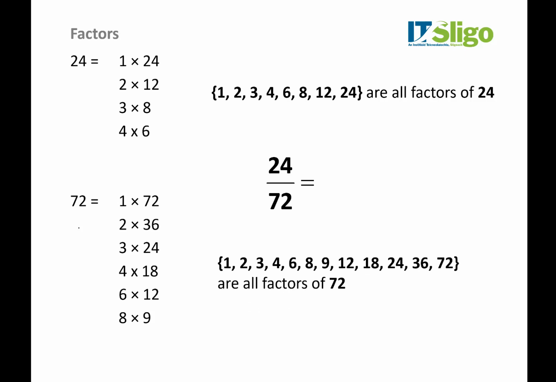Now we could go along and say, well, we could divide the top by 2, divide the bottom by 2, and then we could go by 2 again. But it's just going to take ages. So what we're always looking for, guys, the most efficient way to cancel, is to divide top and bottom by the highest common factor. What number is common to both sets of factors?